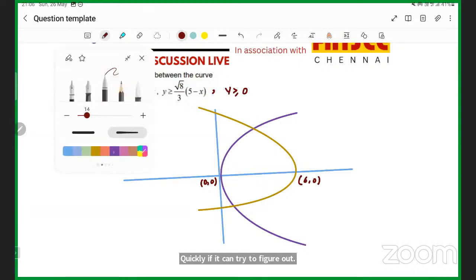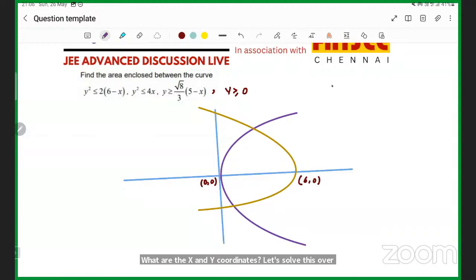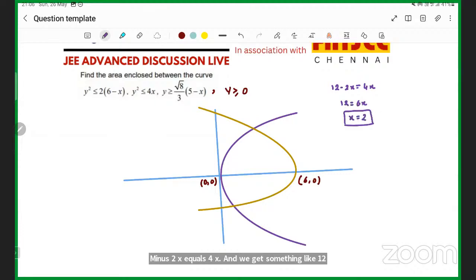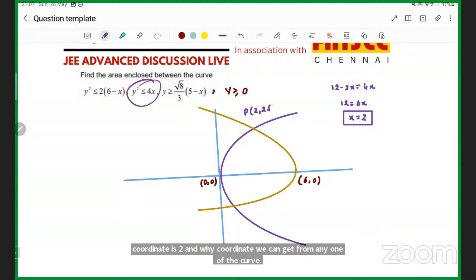Solving, we have 12 minus 2x equals 4x, so 12 equals 6x, and we get x equals 2. Let's call this point P. The x coordinate is 2, and the y coordinate we can get from any one of the curves, so we get 2 root 2.